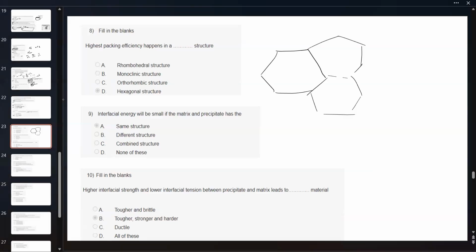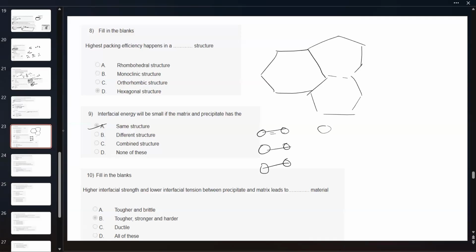Interfacial energy will be small if the matrix and the precipitate have the same structure. If they have the same structure, there's an atom sitting right next to the atom.